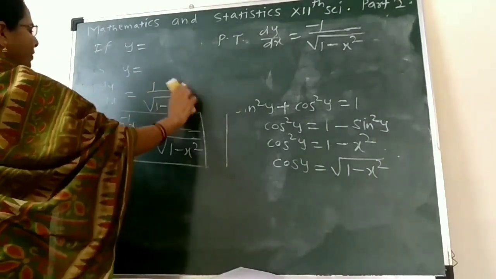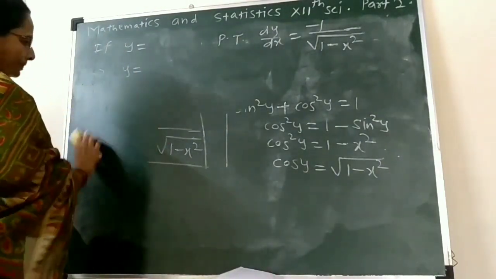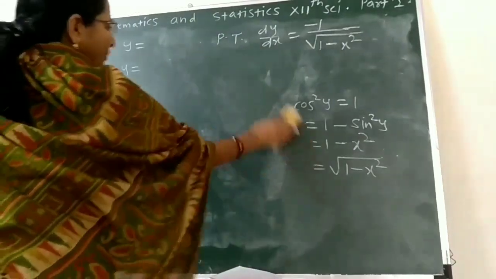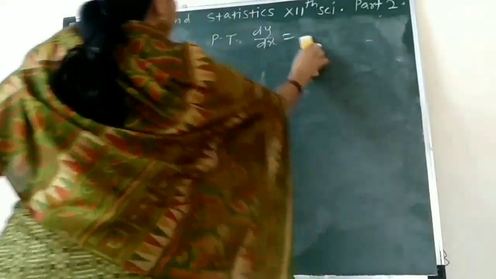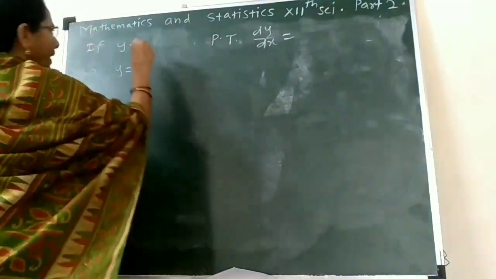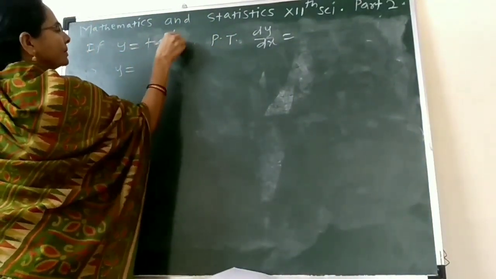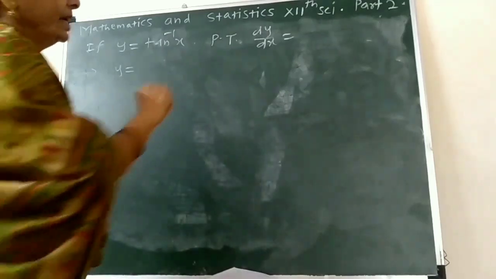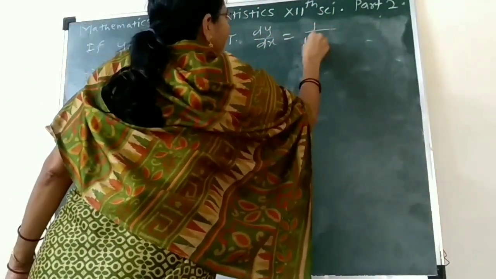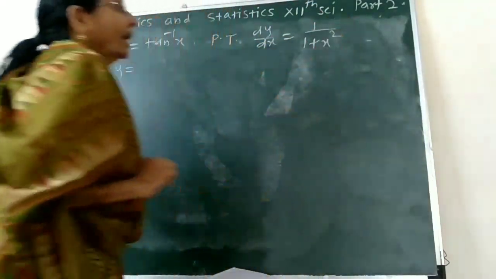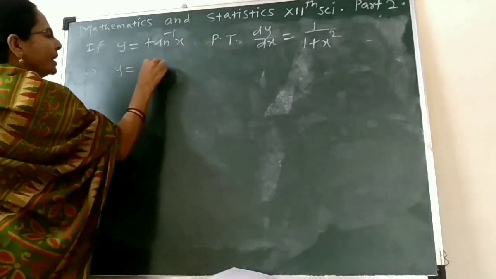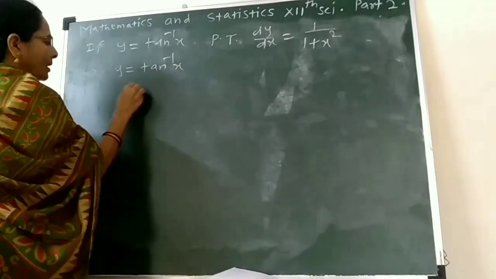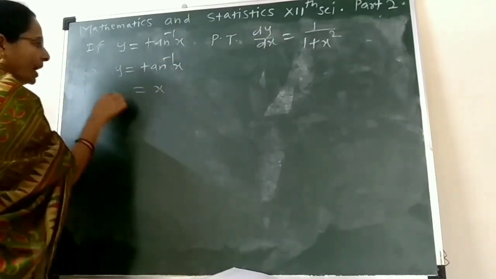Next is y equal to tan inverse x, dy by dx is equal to 1 upon 1 plus x square. Y equal to tan inverse x, so x equal to tan y.